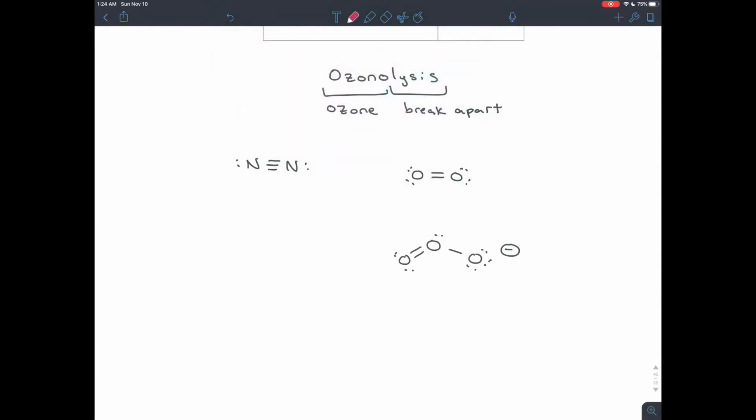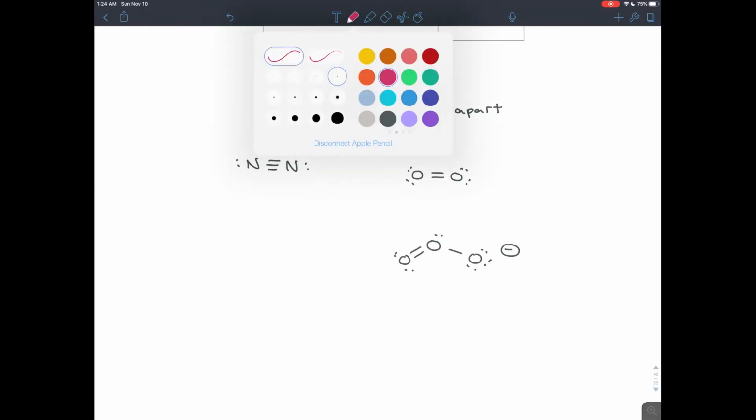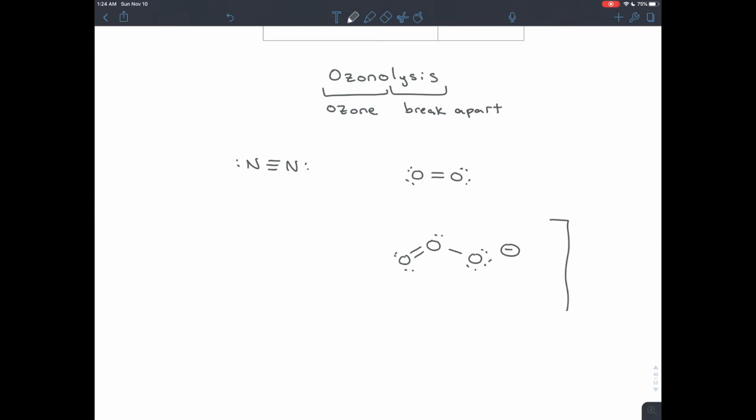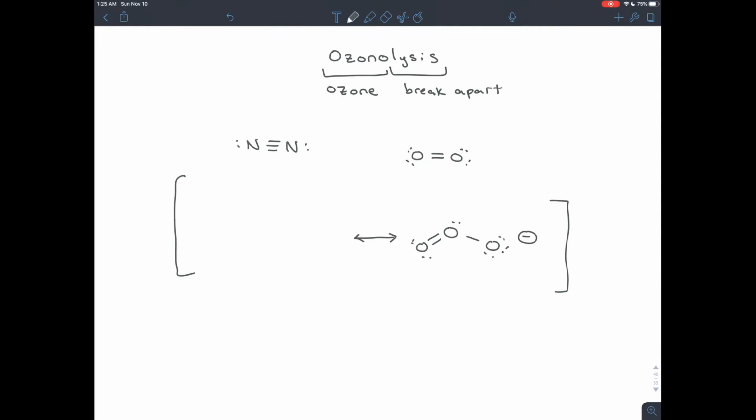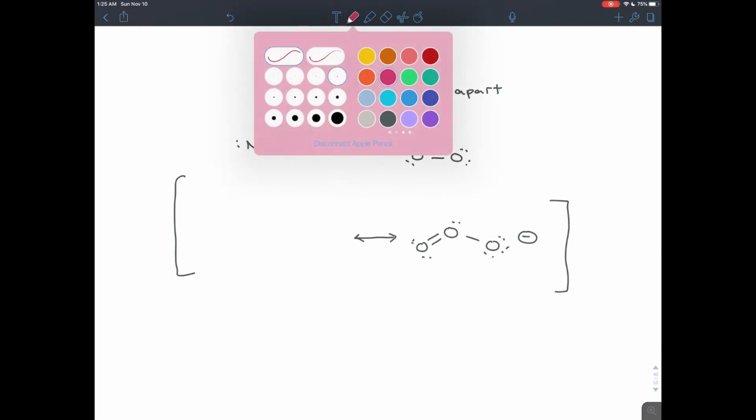The true structure is the average of this and the other resonance structure. Because those lone pairs are allylic, this exists in resonance, so you use those brackets to warn people. The true structure is not either of these structures in the brackets. It's only always the average of the 2 structures, and you draw this special resonance arrow with 1 line and 2 heads to tell people to take the average of these 2 structures.